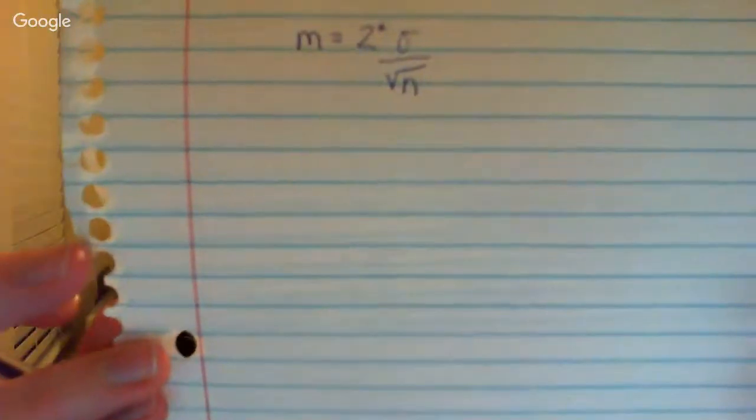Okay, so on this one, is this the one where we take the interval and are we supposed to be timesing? Yeah, so I'll write it down. So the margin of error formula is that.